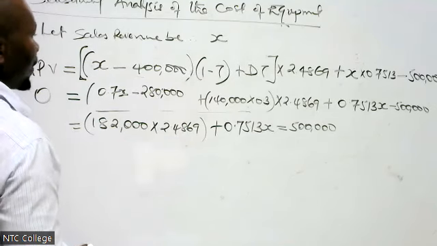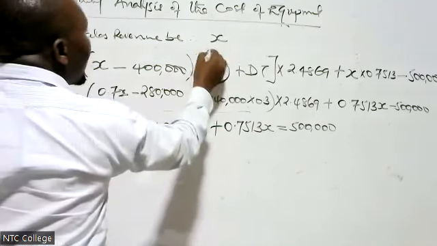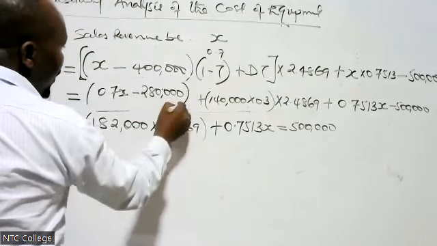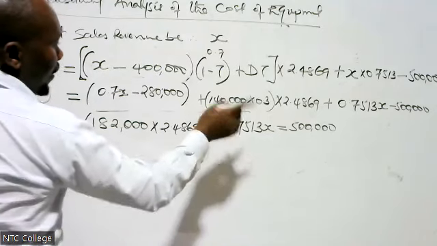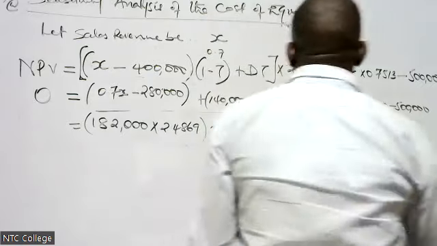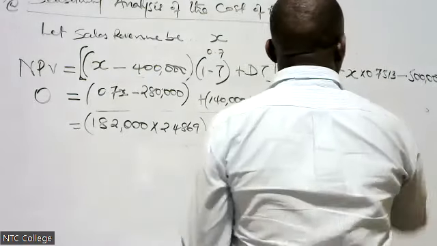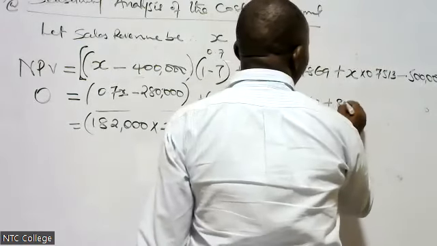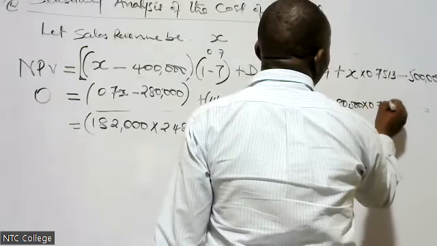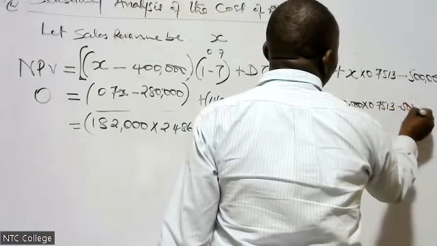Confirm if that is true. 0.7 here times this. Is it 280? Should be. The rest are okay, right? And then we come here and now change this so that we have the correct figure, 80,000 times 0.7513 minus 500.